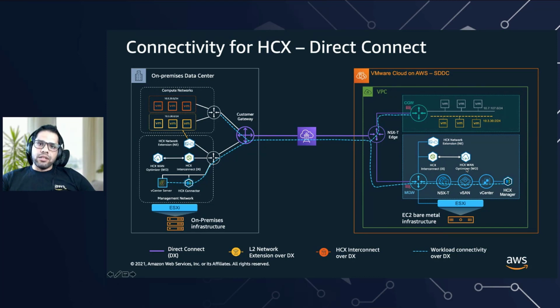So you go ahead and configure the Direct Connect network profile with the private IP pool that you want to use, and then when you deploy the HCX interconnect appliance at the source site, it initiates a secure tunnel to the private uplink IP for the interconnect appliance in the SDDC. And similarly, the network extension appliance at the source site creates a separate secure tunnel to the private IP. So one is the interconnect connection, and the second one is the network extension. If you're using network extension, that is a separate secure tunnel that gets deployed.